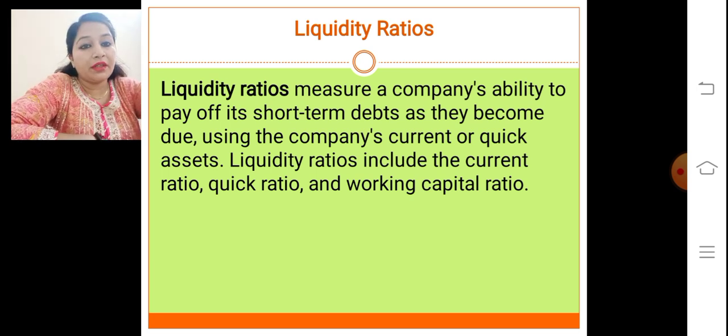First is liquidity ratio. What do you mean by liquidity ratio? Liquidity ratio measures a company's ability to pay off its short-term debt as it becomes due using the company's current or quick assets. Liquidity ratio includes current ratio, quick ratio, asset test ratio and working capital ratio.